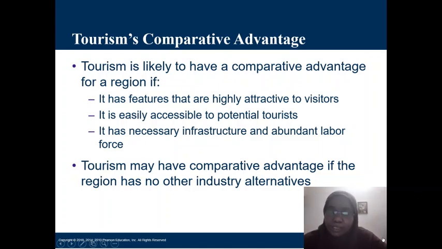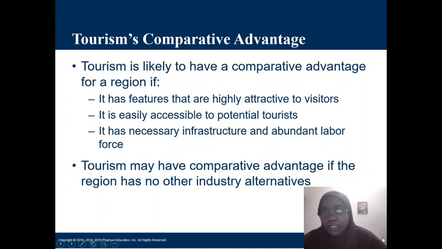There are some places that have resources that can serve as tourism attractions, but a disadvantage is the fact that they are not accessible to tourists. So that may be a kind of challenge. Tourism is also likely to have comparative advantage if it has necessary infrastructure and abundant labor force.